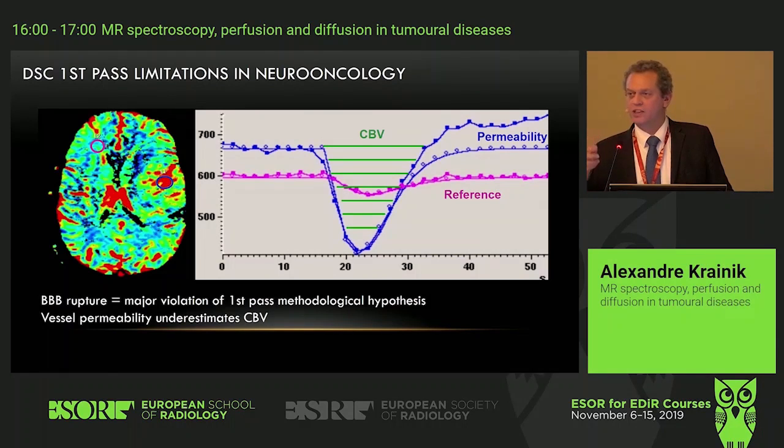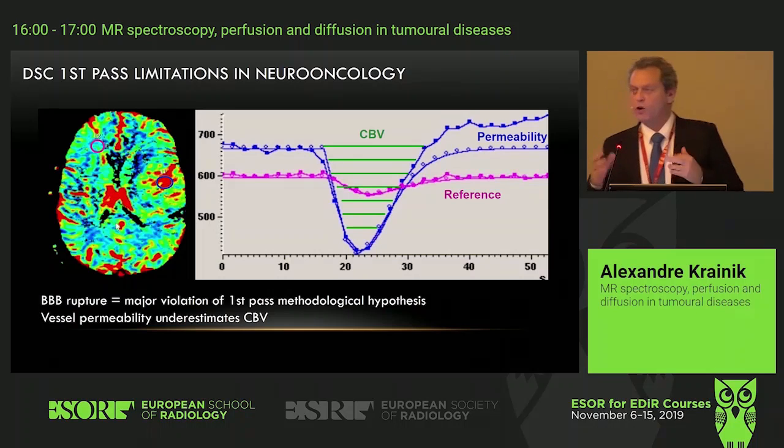The relationship between the signal change and the quantity of contrast agent is proportional, but we never really know how proportional it is. Sometimes it can be saturated and so on. Then it's linear in a certain part of signal change, but not always.